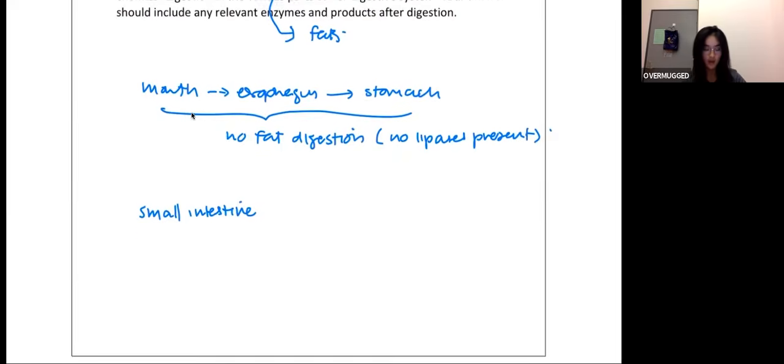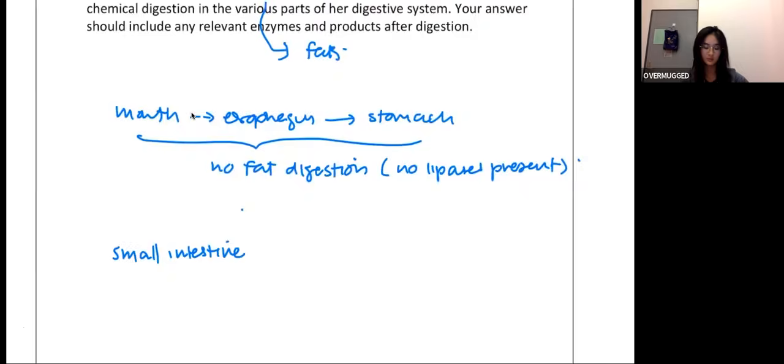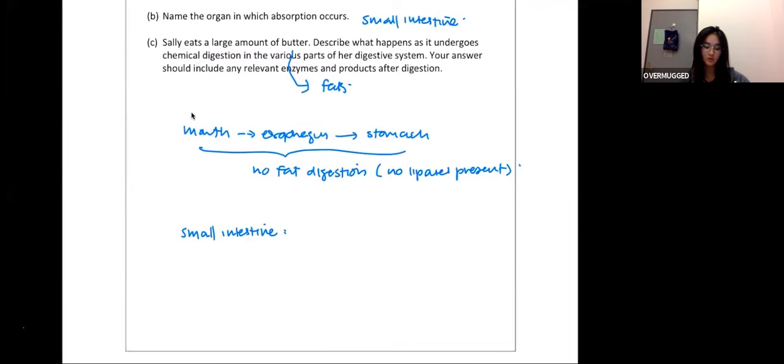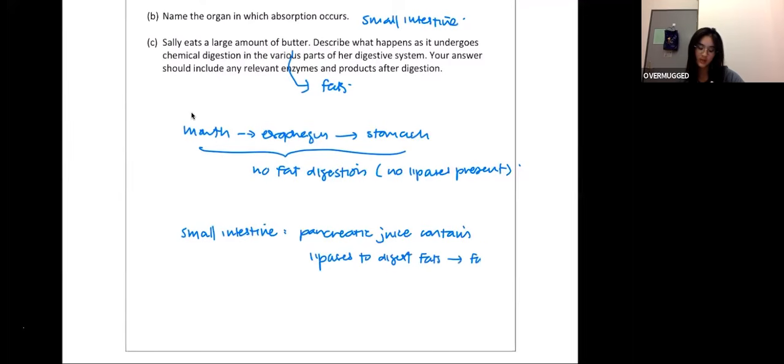Why? Because your pancreatic juice contains lipases to digest fats into fatty acids plus glycerol.